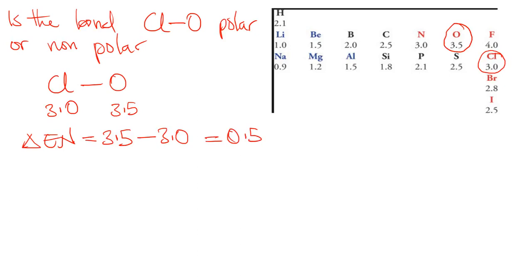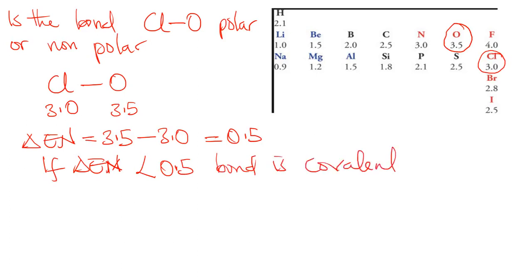But we say that if the change in electronegativity is less than 0.5, the bond is covalent. But as you can see, this one is equal to 0.5.